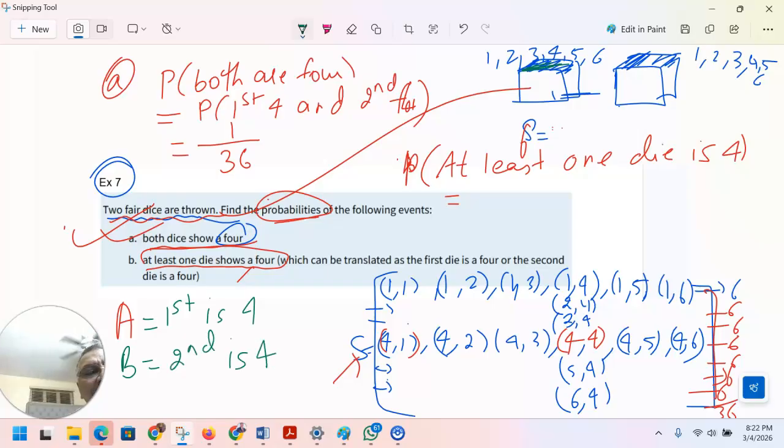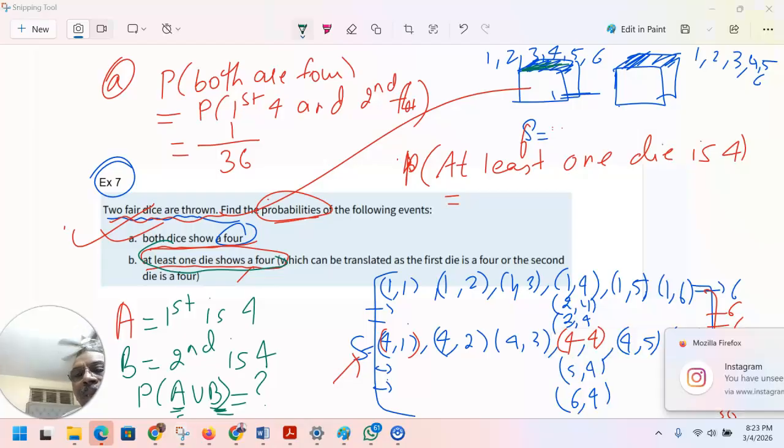So the question is asking at least one die shows up, which means it is the union of A and B, the probability of A union B. It means either the first number is 4, or if that's not the case, the second number is 4. Or it can be both 4 also. So that's the understanding here.